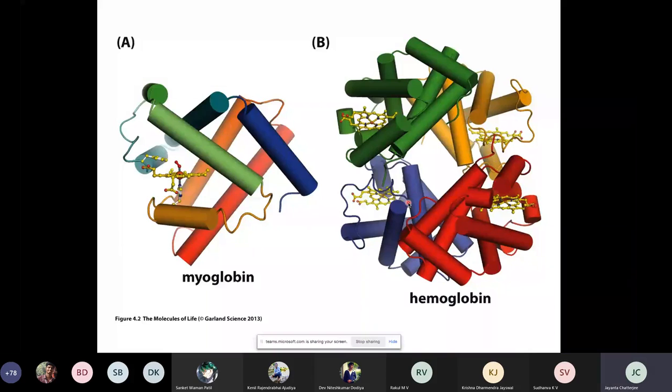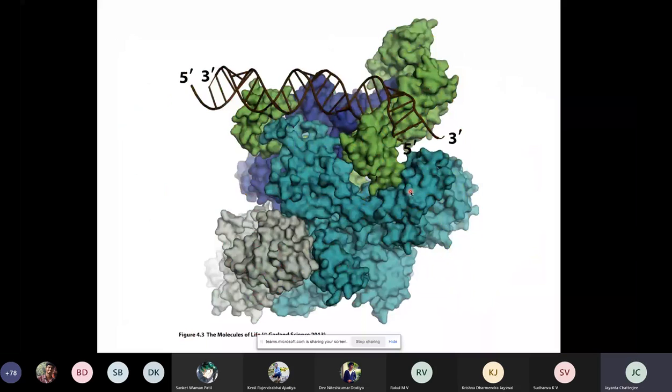Now you can also take larger proteins. I think this is an RNA polymerase. In RNA polymerase, the single colors define a single domain protein, and all these proteins interact with each other and form a very large complex. So this would be the quaternary structure of a protein.